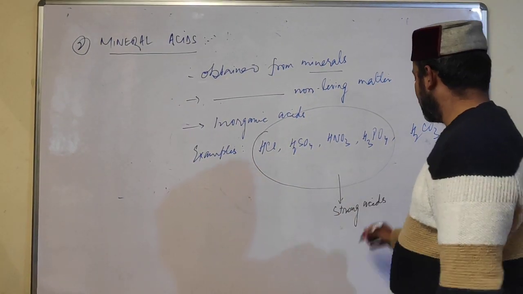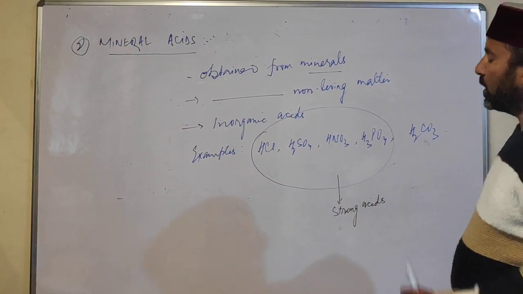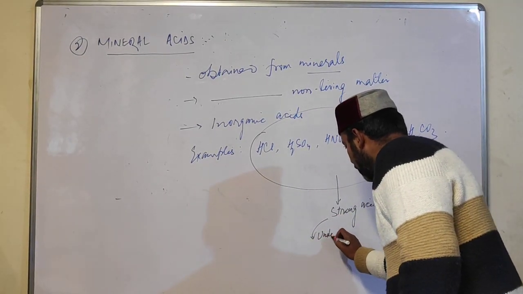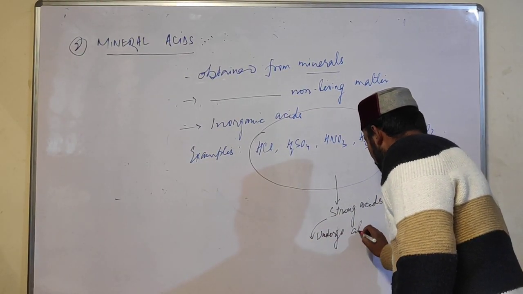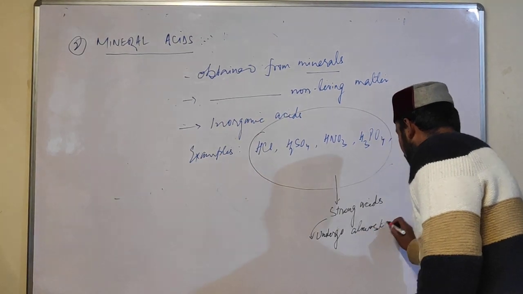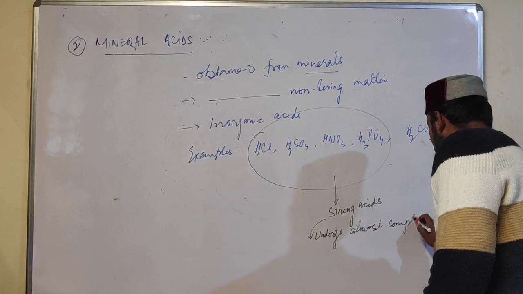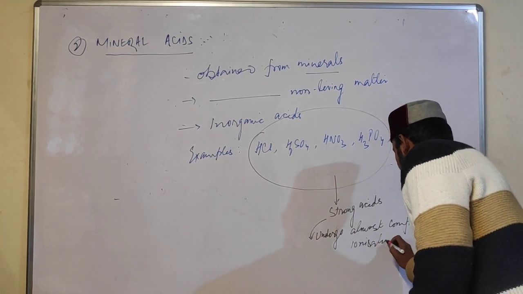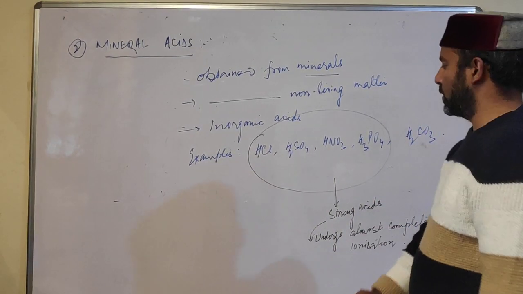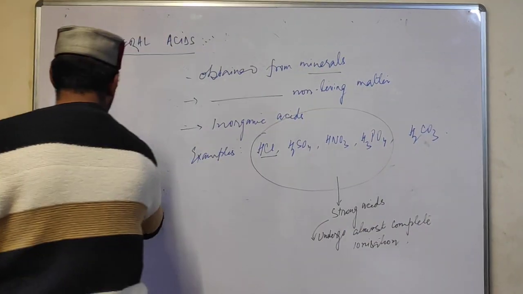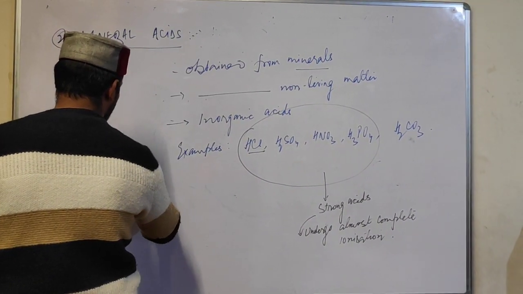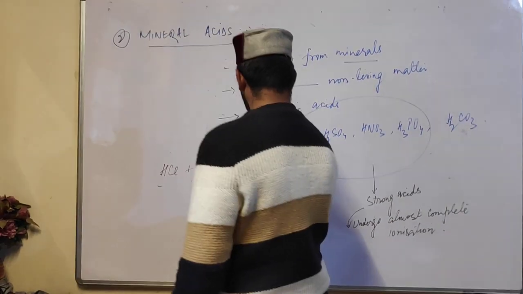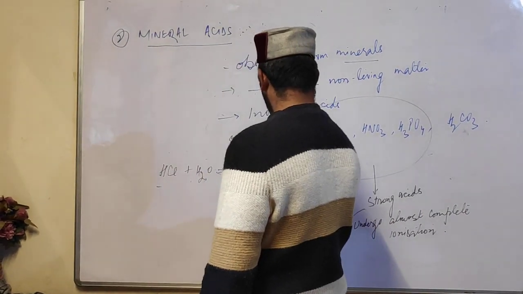Now when we say these are strong acids, it means these undergo almost complete ionization in aqueous solution. For example, look, HCl, when we dissolve it in water, it ionizes to give hydronium ion and chloride ion.